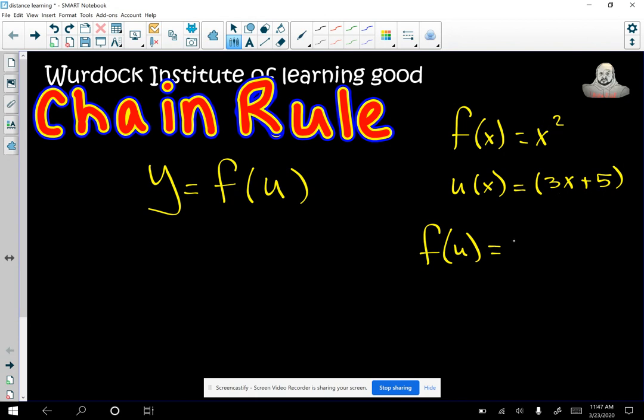Normally what I write is the outer function is something squared, and the inner function is 3x plus 5. Anyhow, the derivative in this case would be the derivative of the outer function with the u function put back inside times the derivative of the u function.